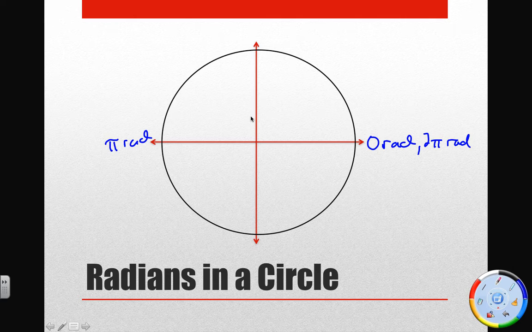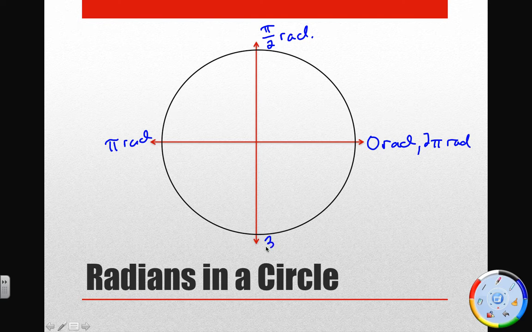Well, what are the other quadrant angles is kind of where I want to start. This quadrant angle is halfway around. It's halfway to this pi. So that has to be half of pi. Well, if that's 1 half, that's 2 halves, there's 3 halves.